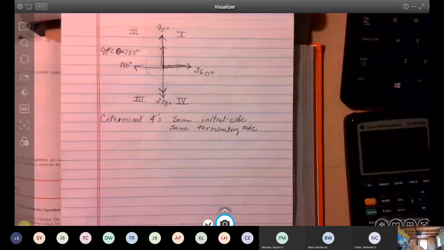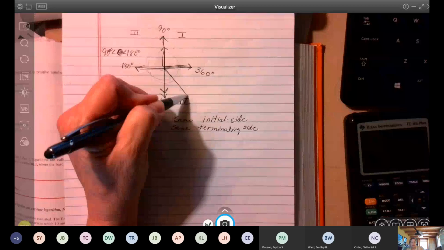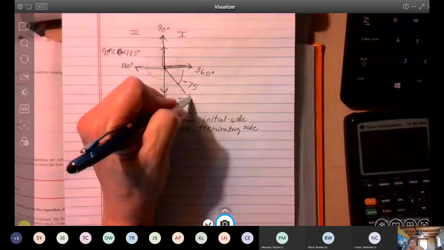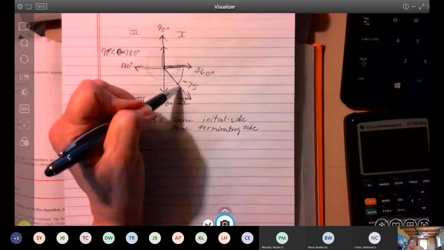So if we have an angle that is negative 75 degrees, and negative 75 means I'm coming this direction, I'm not at 90, but I'm down here. So this is my negative 75 degrees. What would be its coterminal angle? That means that this is the initial side for this one, and this is the terminating side. I can have an initial angle here, but go this direction and have the same terminating side.